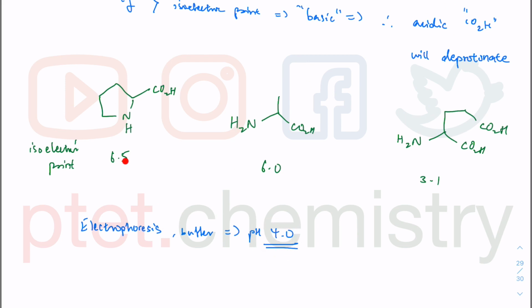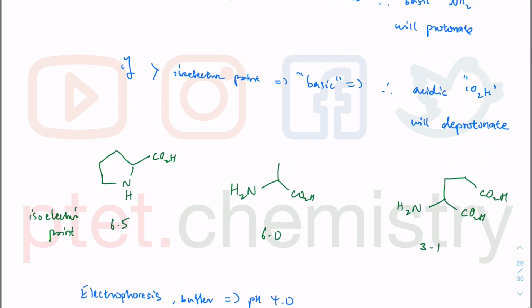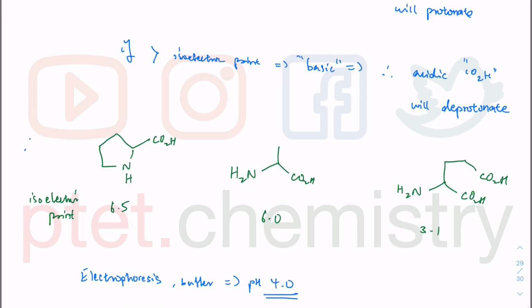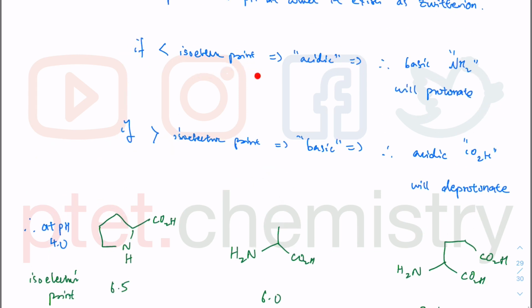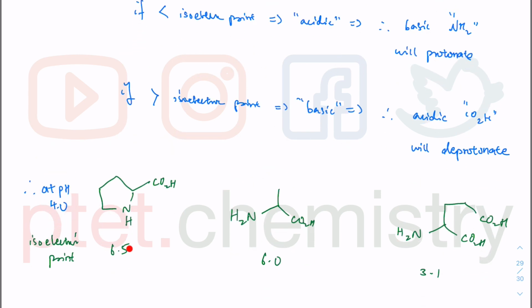So the buffer pH is lower than the isoelectric point, so this is going to be the acidic environment. So at pH 4.0, your pH currently is lesser than the isoelectric point, so this is going to be acidic compared to that.